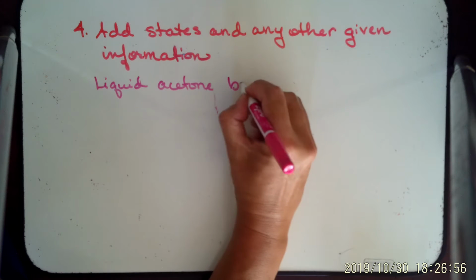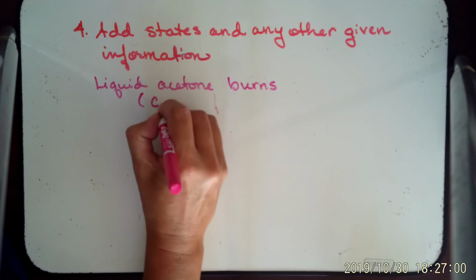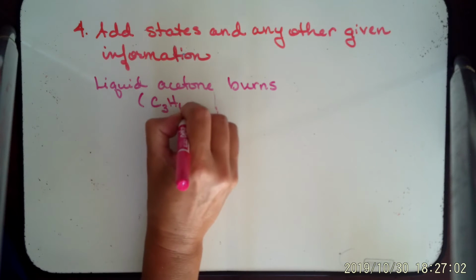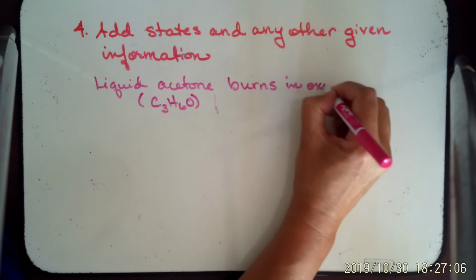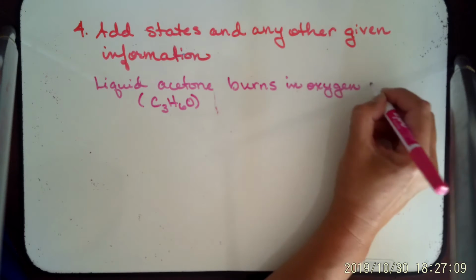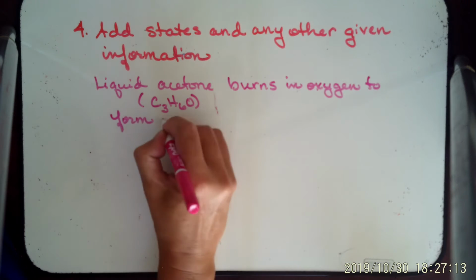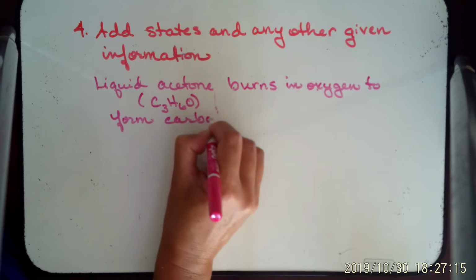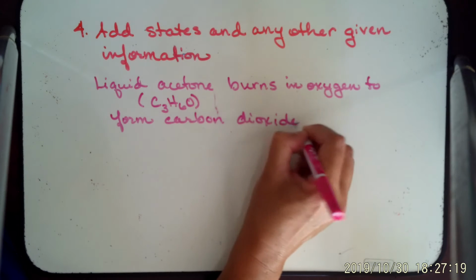Acetone burns in oxygen. That's, by the way, C3H6O. It burns in oxygen to form carbon dioxide and water.